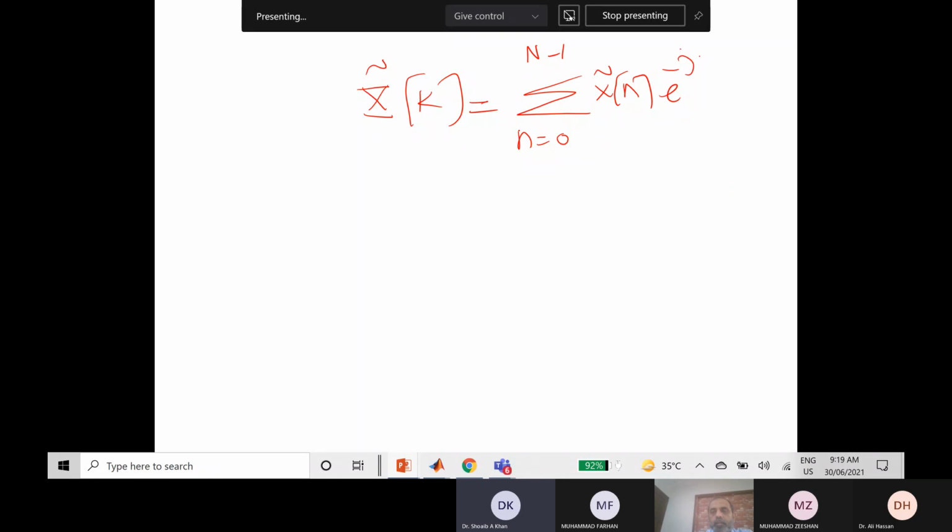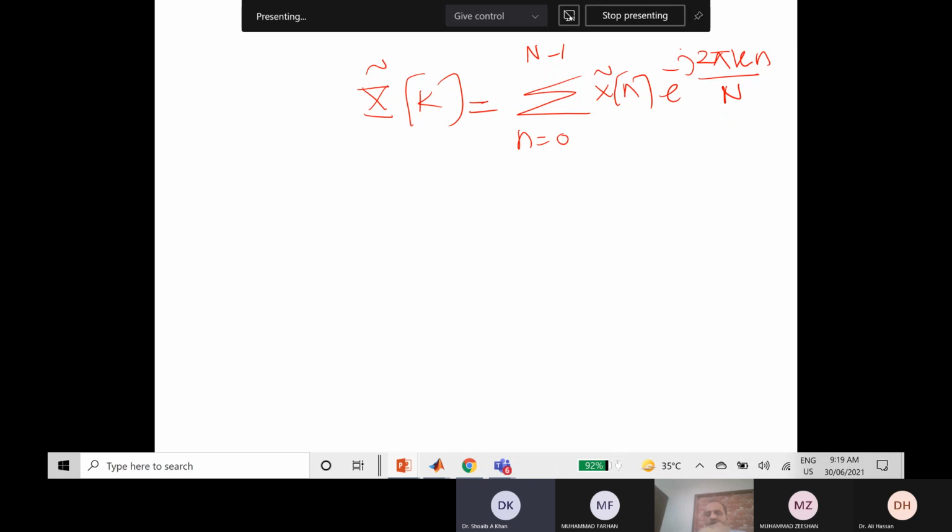And now comes the important question: why worry about discrete Fourier series? And here is the answer. First, just observe what this discrete Fourier series is. The formula. This is the formula.